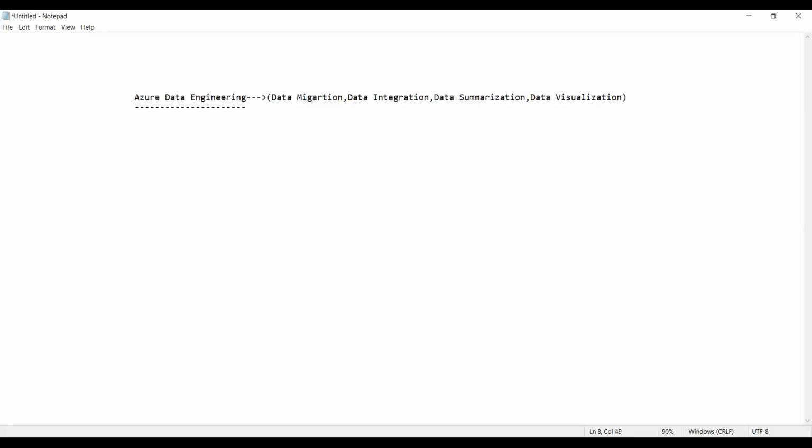For these, the following services are provided in Azure Data Engineering. The first one is ADF, that is the Azure Data Factory, and the second one is Azure Databricks, and then we have the third one, Synapse.